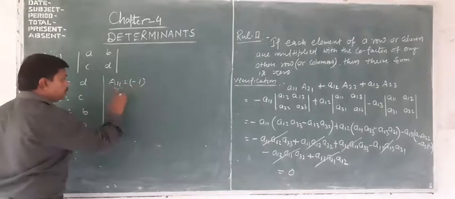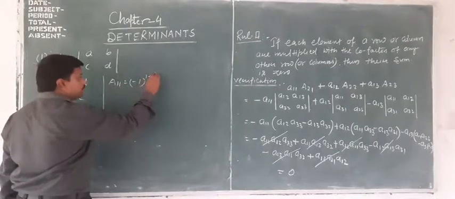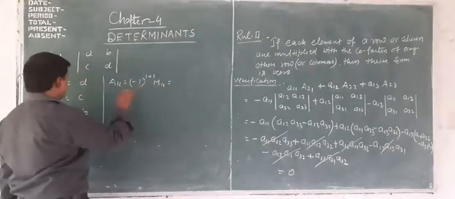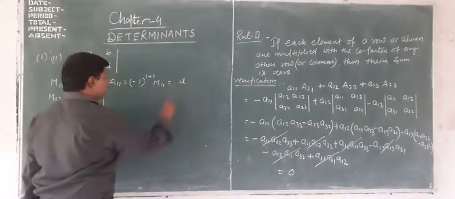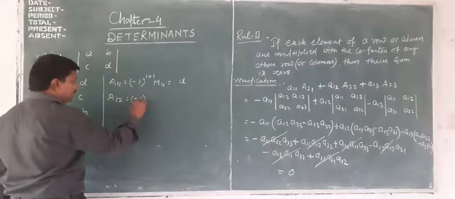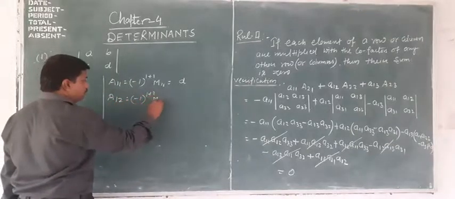Minus 1 power i plus j, so 1 plus 1 into m11. So this is positive and m11 is d, so the cofactor is also d. a12: minus 1 power 1 plus 2 into m12.